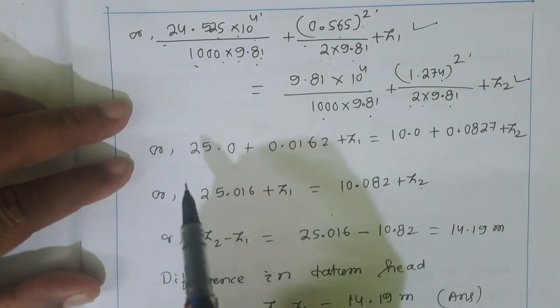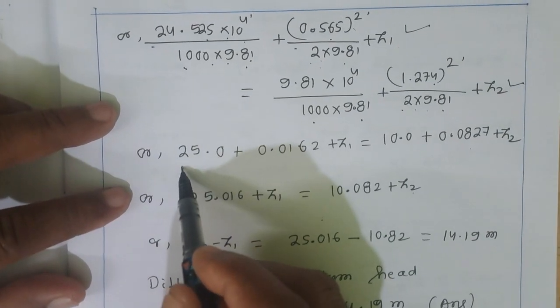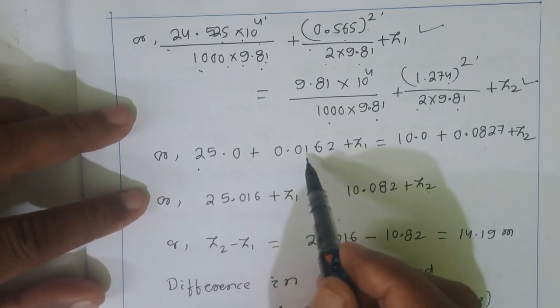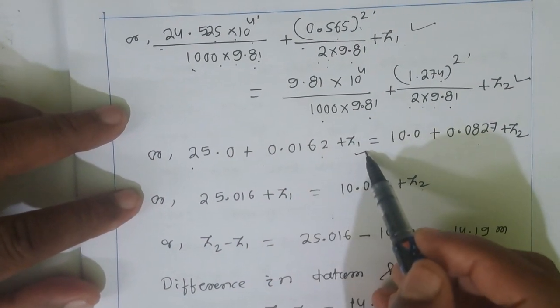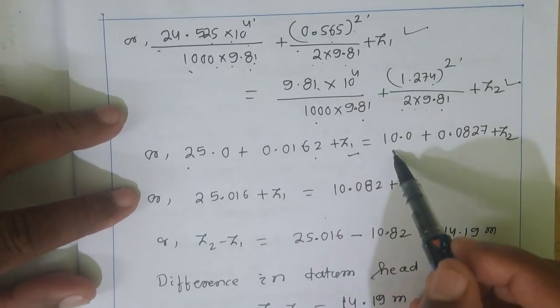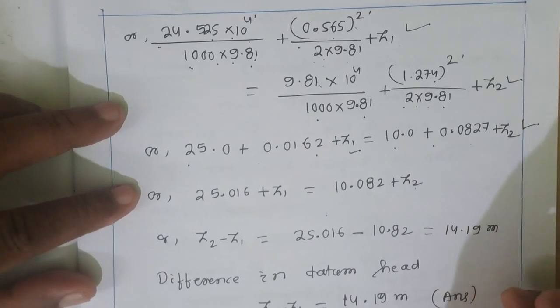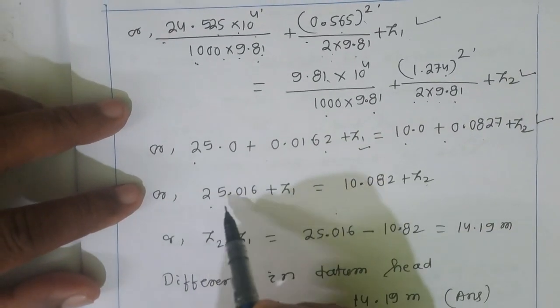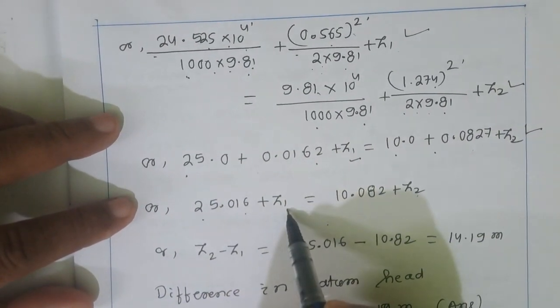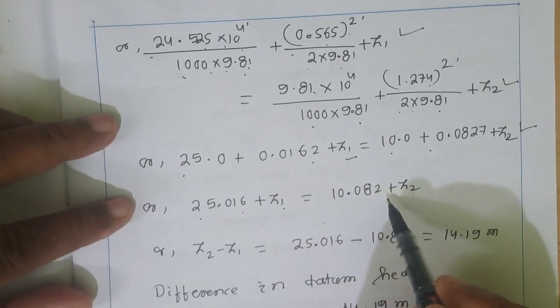Or after solving, 25 plus 0.0162 plus Z1 is equal to 10 plus 0.0827 plus Z2, or 25.016 plus Z1 is equal to 10.082 plus Z2.